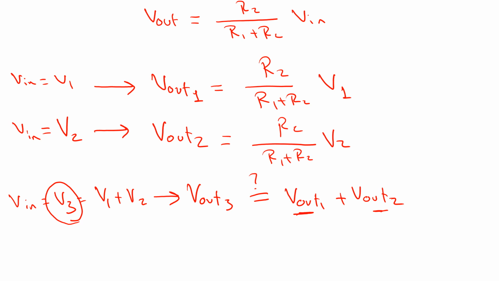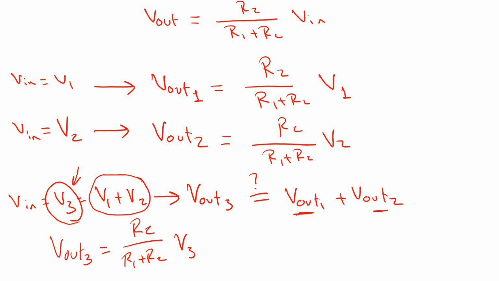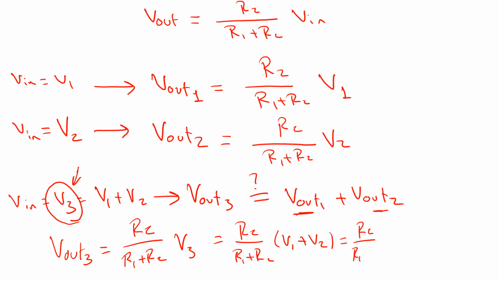So Vout3, according to the equation, is equal to R2 over R1 plus R2 times V3, because the input here is V3. Now let me replace V3 using the superposition of the input. So this is equal to R2 over R1 plus R2 times (V1 plus V2). I can distribute this summation, so it is equal to R2 over R1 plus R2 V1 plus R2 over R1 plus R2 V2.